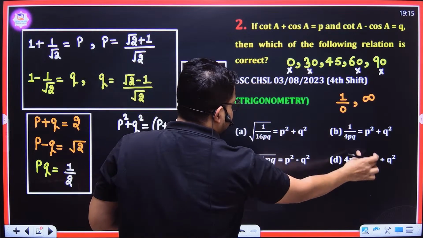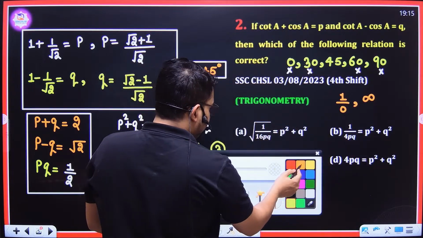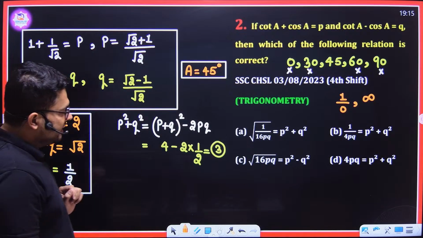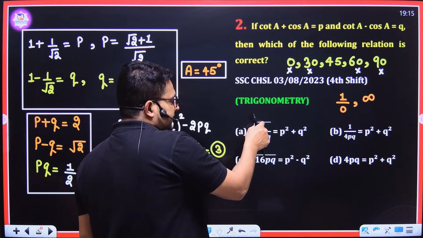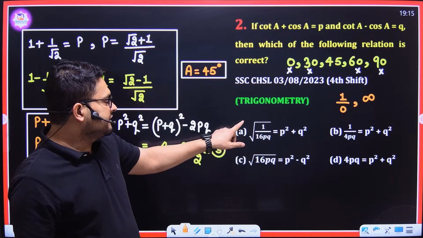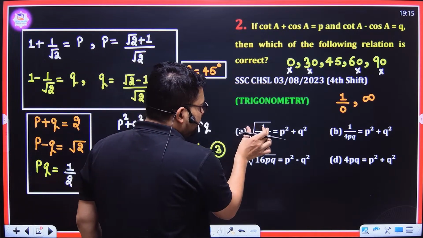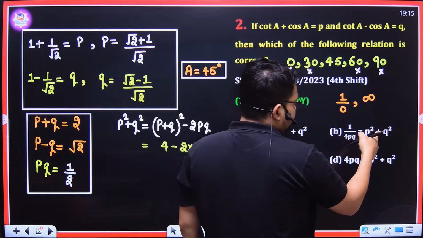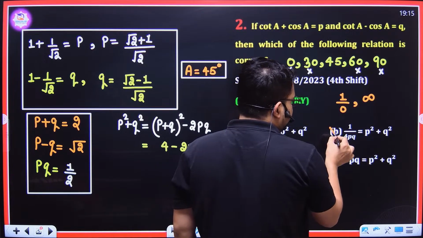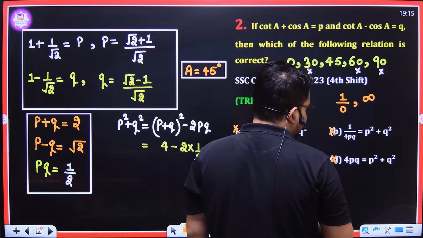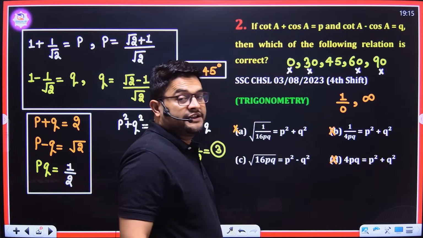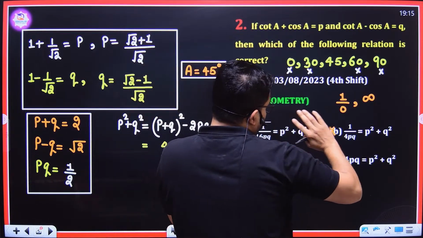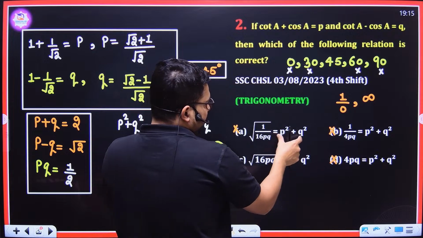The value of PQ is equal to 1 by 2. If I put 1 by 2 here, then it is 1 by 8, and that gives 1 by 2 root 2. Here 1 by root 2, here 3. It can't be the option. On the 3 options on the right hand side, I have 3, 3 and 3.